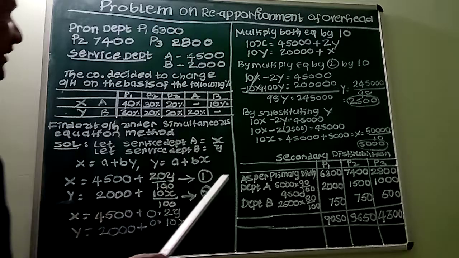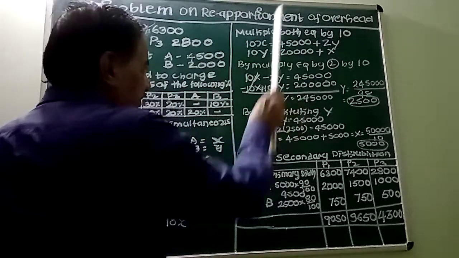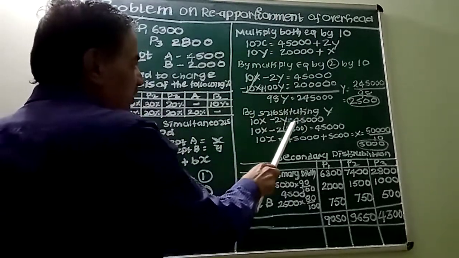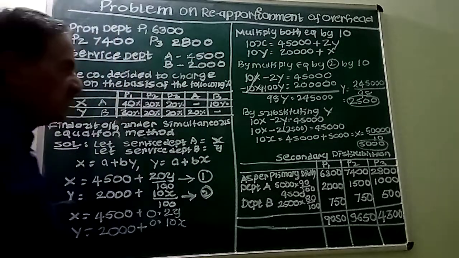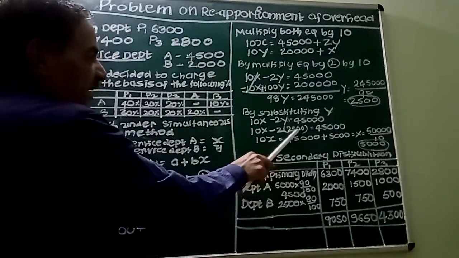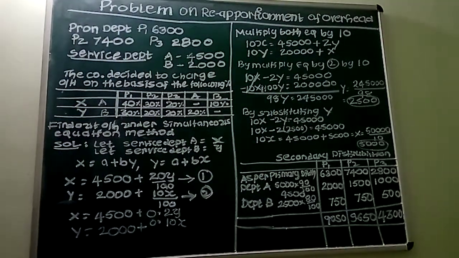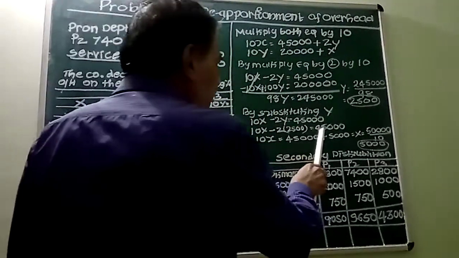See, I have taken the first equation, 10x minus 2y is equal to 45,000. So 10x minus 2, in place of y, I will write 2,500, is equal to 45,000.